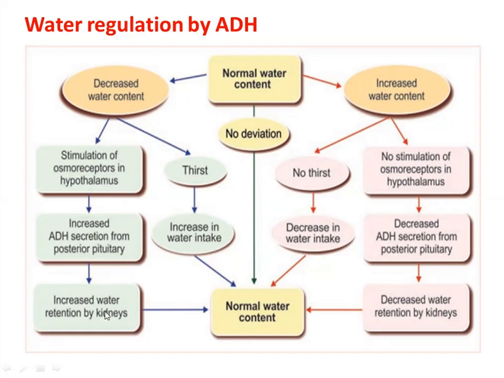Then what is the role of the antidiuretic hormone? It increases the reabsorption of water in the distal convoluted tubule in the kidney. So with water reabsorption increased, the ECF volume increases, so normal water content comes.